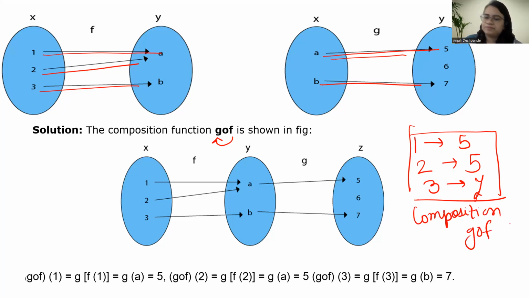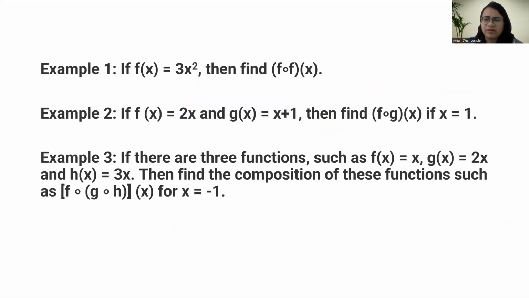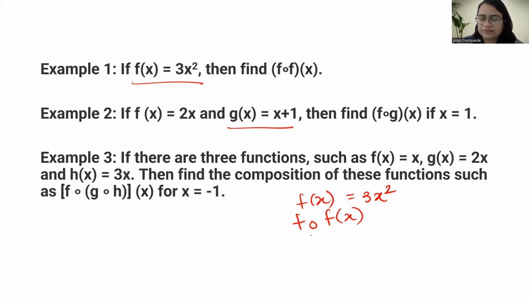So this is my mapping in the composition g o f. Now, if you are directly given the notation like f of x and g of x, what you have to do? Firstly, f of x is given as 3x square. You have to find f composition f of x. Here f and g are the same.